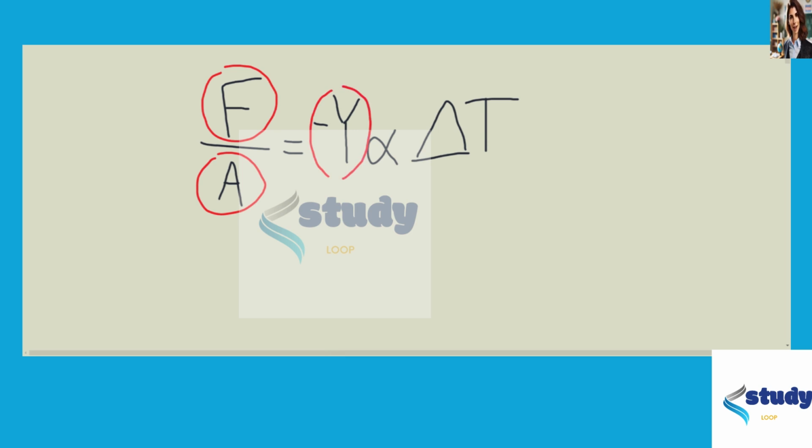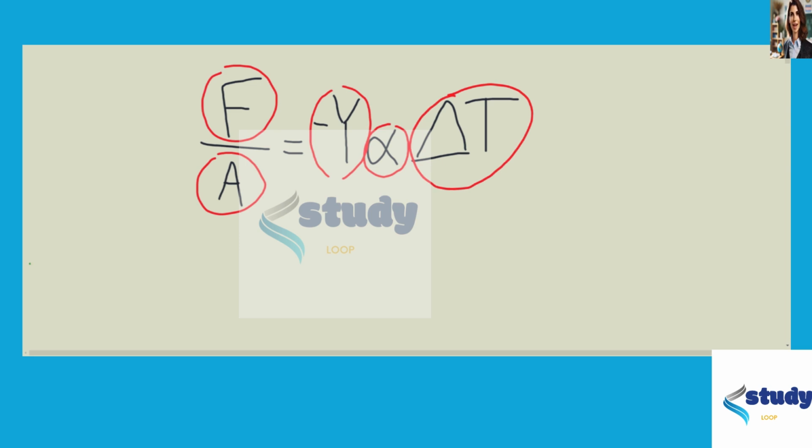We're told it's a brass rod, so you can look up the Young's modulus in a table in your physics textbook. Same with the coefficient for linear expansion. Change in temperature. We don't have, but we do have the final and initial temperatures, so that's easy to find.